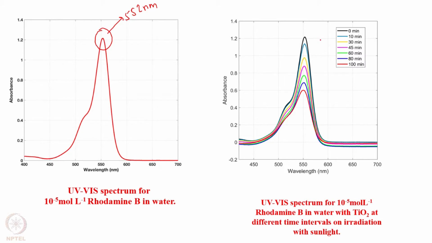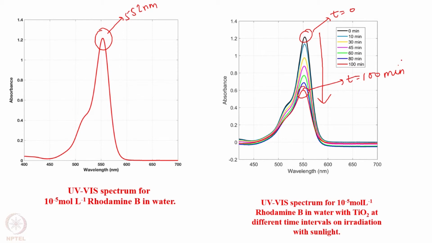Now after taking the spectrum at different times and processing the data using some plotting software, we get our results, in which we can see that there is a continuous decay of the absorption values with time. Absorption is maximum at time t equal to 0 and minimum at t equal to 100 minutes. So from this we can see that the dye has degraded with time under solar irradiance.